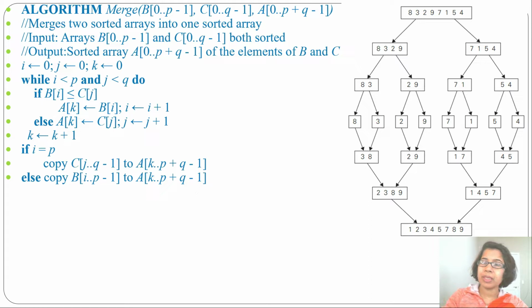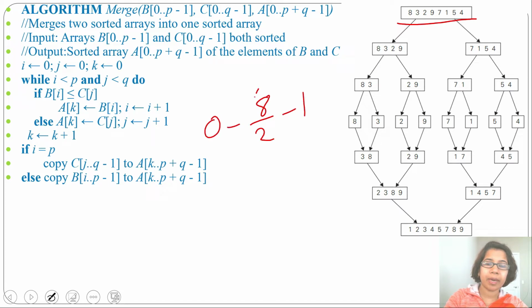So dividing means here there are 8 elements. We'll decide which elements will go to the first array and which elements will go to the second array. So we'll do 8 divided by 2 minus 1. 0 to 8 divided by 2 minus 1 will go to the first array, meaning array B. Then 8 divided by 2 till n minus 1 will go to the second array.